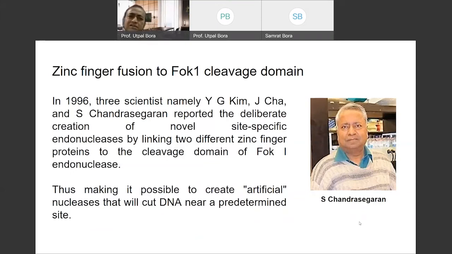In 1996, three scientists, namely Y.G. Kim, J. Cha, and S. Chandrasegaran, reported the deliberate creation of novel site-specific endonucleases by linking two different zinc-finger proteins to the cleavage domain of FokI endonuclease. And for the first time they were able to create artificial nucleases that will cut DNA near a predetermined site, a site that is of interest to us.